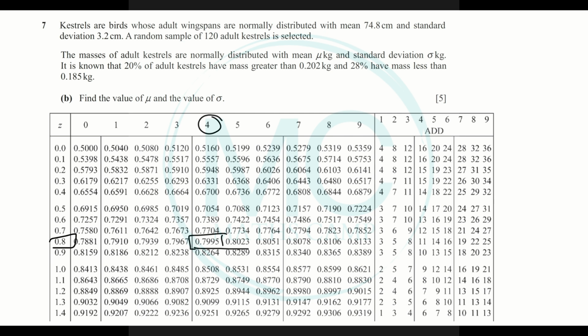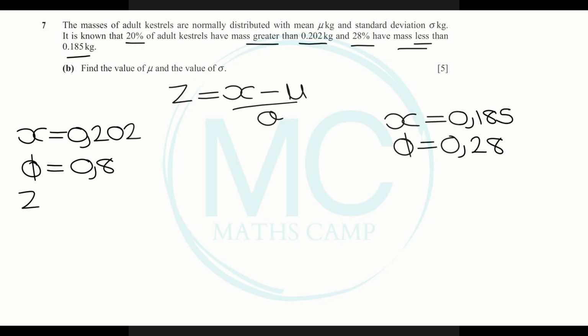So I'm going to write this over here, 0,84. But we don't want 0,7995. We want 0,8. So we need to add 5 to this. And if we add 5, we need to add 2 to our Z score. So Z is 0,842. I'm going to make a note of this over here as well. Z is equal to 0,842.